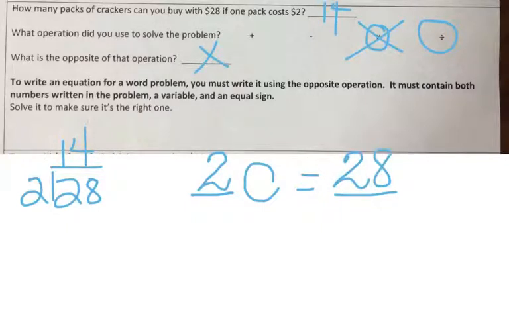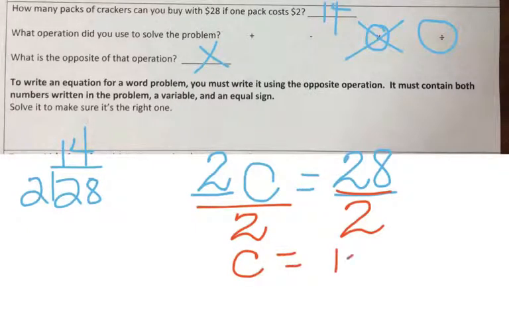To solve it, I'm going to divide by whatever number is with the variable. So I'm going to divide by 2, divide by 2, to keep it balanced. And over here, C equals 14. That's what I was expecting to get. So my equation is this one here.